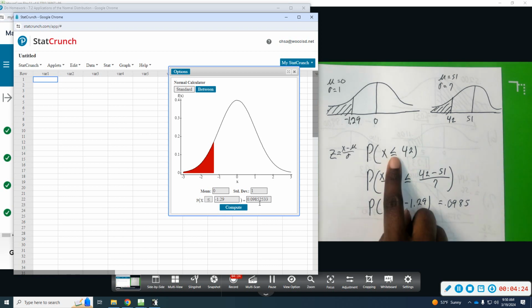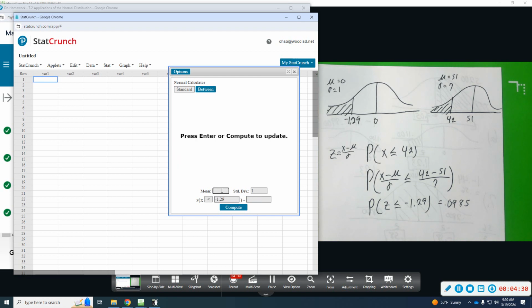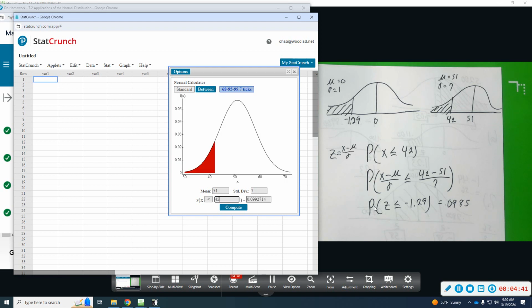If I leave it like it originally was, 0.0985. Okay, so I'm going to change the mean to 51, standard deviation to 7, and change this to 42. It gives me 0.0993.